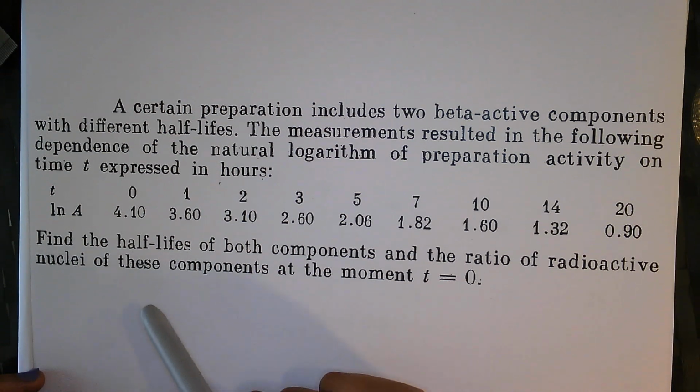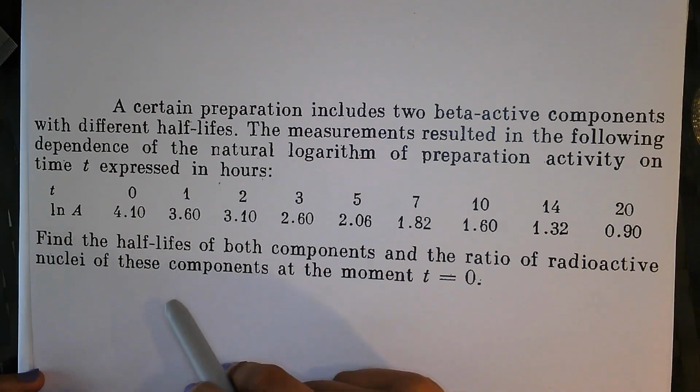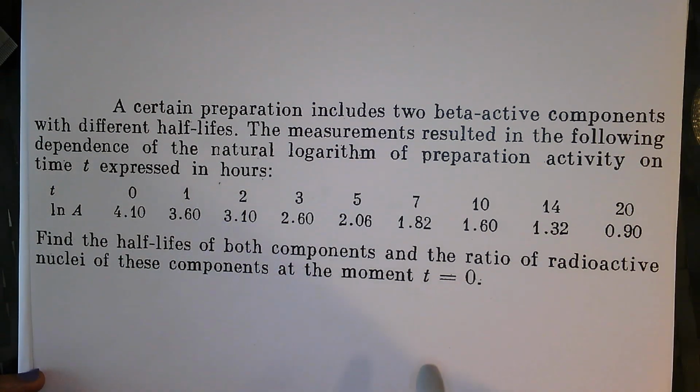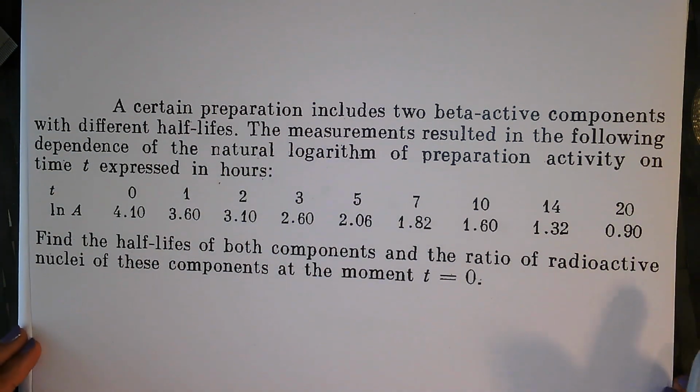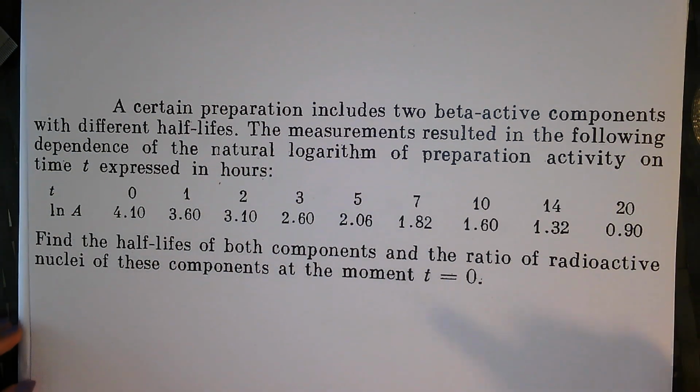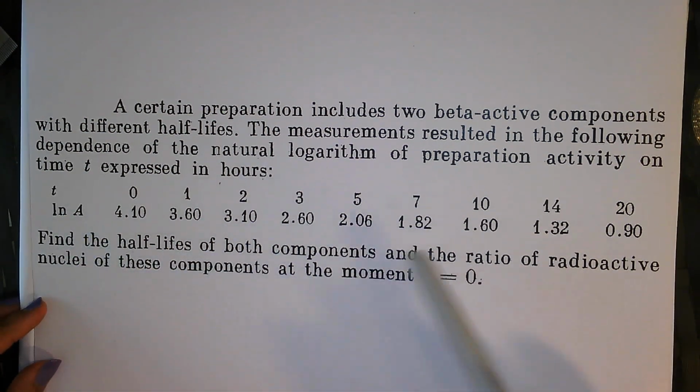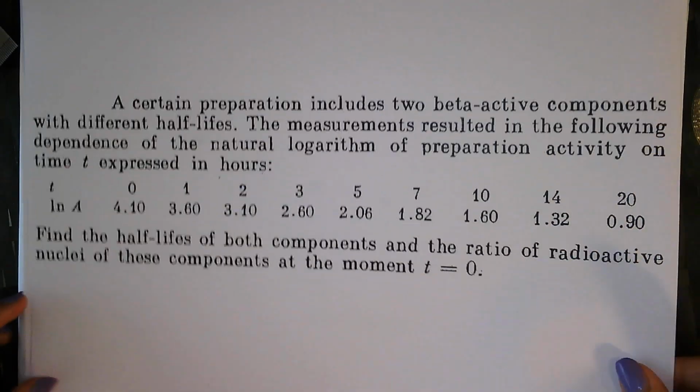And the question is asking us to find the half-lives of both components and the ratio of radioactive nuclei of these components at the moment t equals 0. Okay, so the first thing you can do to solve this question is to plot this data that they've given here. I've already done that.